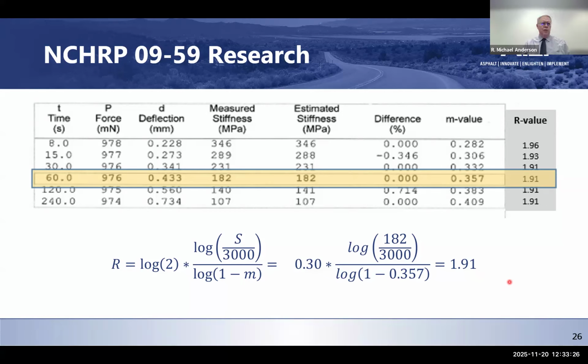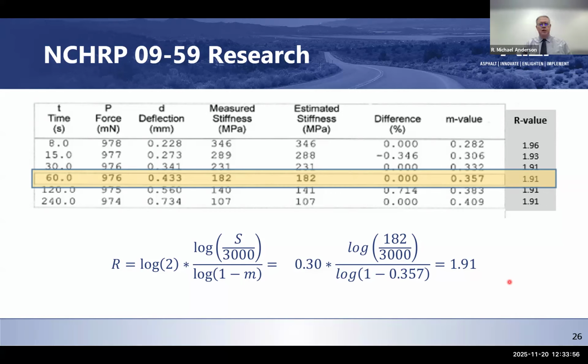So for instance, if you're testing at 64 minus 22, you're going to have to run the BBR at minus 12. If you were doing delta TC work, you might also run it at minus 18. The R value at minus 12 and minus 18 can calculate a little bit differently. So for specification purposes, we would say you would want to look at the R value at the specification grade temperature, or at minus 12.